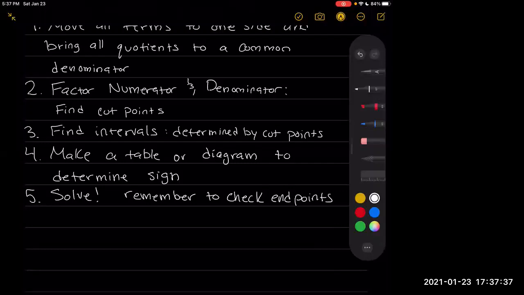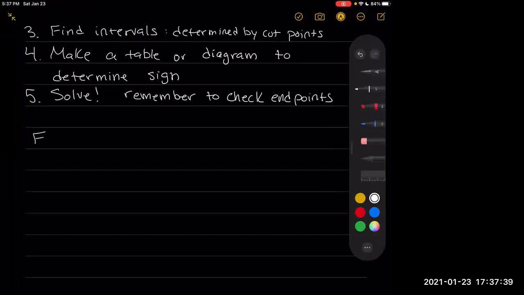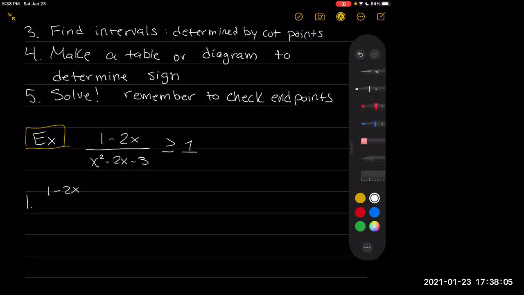All right, so to do this, we're going to look at an example. So if we look at when 1 minus 2x over x squared minus 2x minus 3 is greater than or equal to 1. So first, we're going to bring everything over to one side. So we'll have 1 minus 2x over x squared minus 2x minus 3 minus 1.